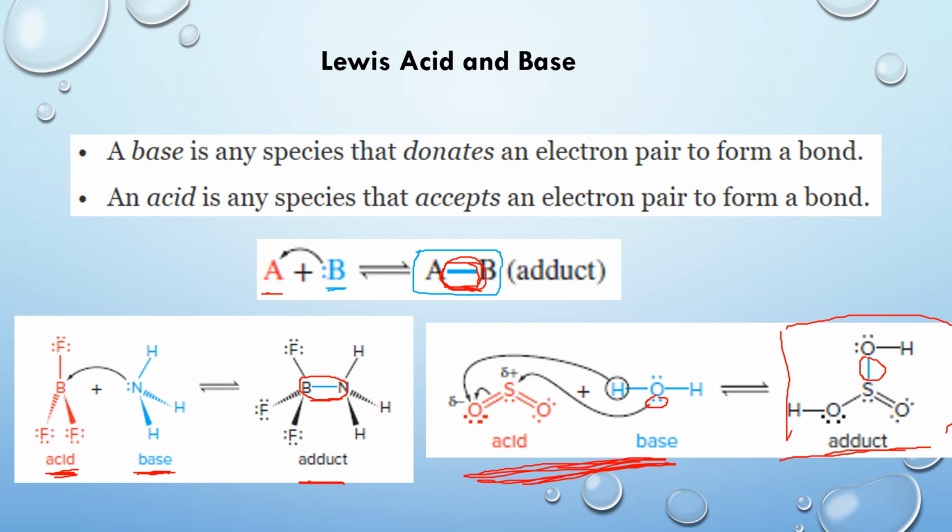Both of these molecules do not contain hydrogen, but they're still acting like an acid. In this case, it is a Lewis acid. We can say they are the Lewis acid because they are the electron pair acceptor, but they are not the Arrhenius acid or the Bronsted-Lowry acid.